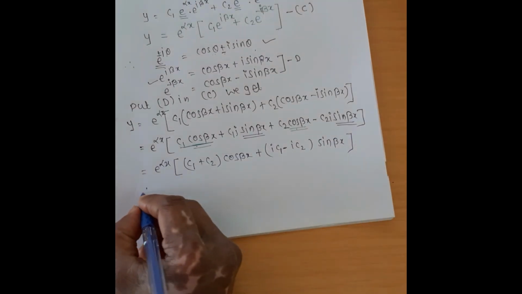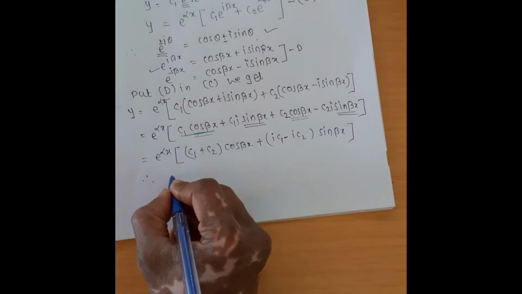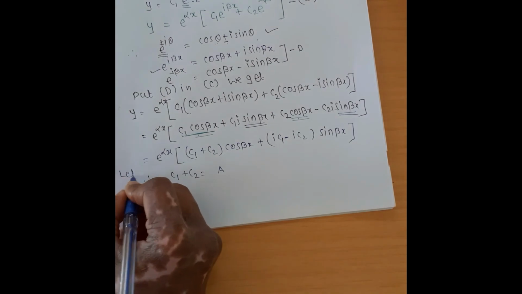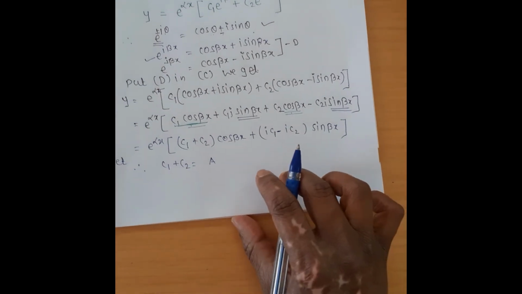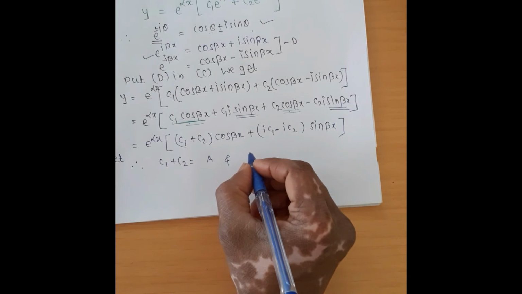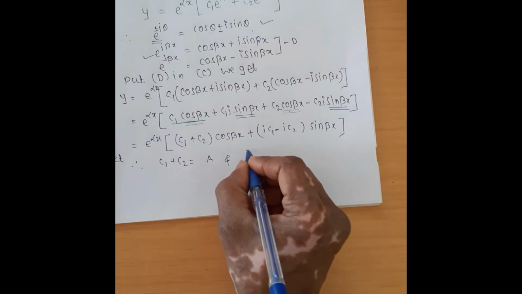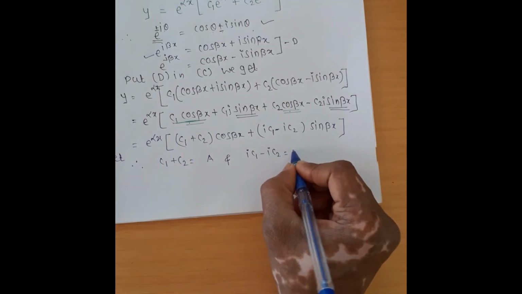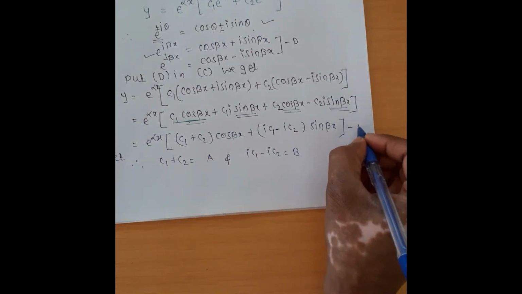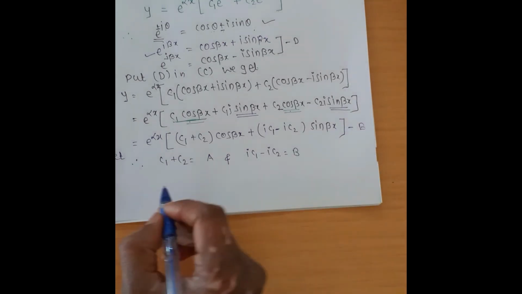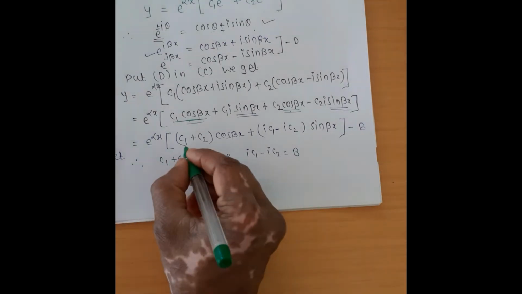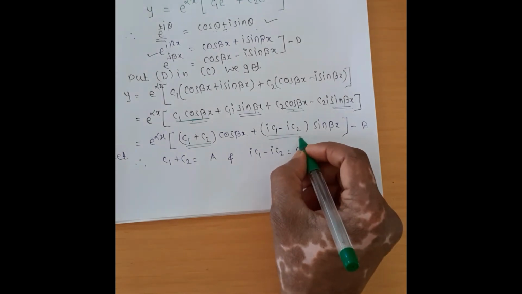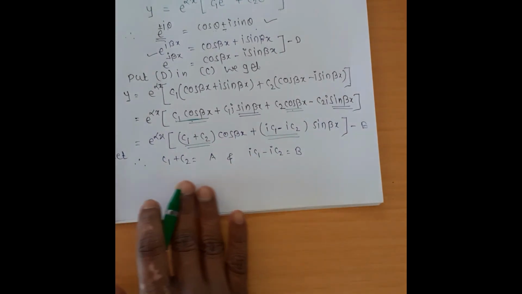So therefore, we have introduced new terms, that will be C1 plus C2 is equal to A. Let us consider C1 plus C2 is equal to A, and i C1 minus i C2 is equal to B. So modified equation E. Now we modified this equation because the value of C1 plus C2 is A, and the value of i C1 minus i C2 will be B. For our convenience, let us consider this.